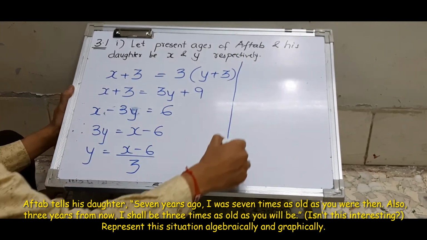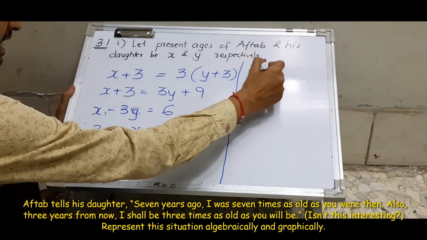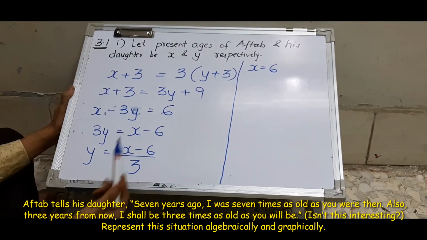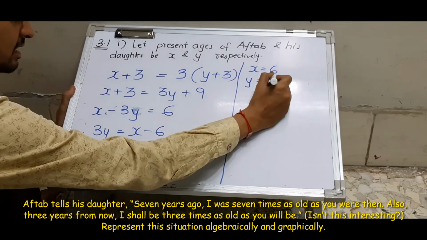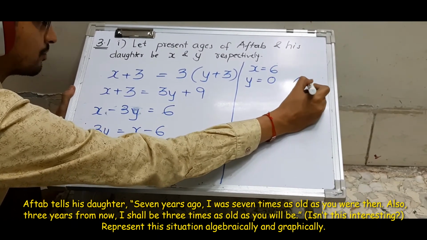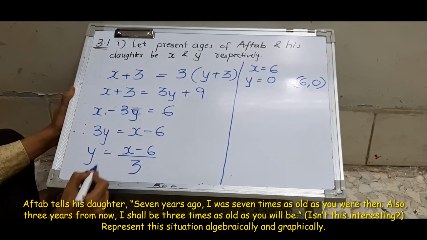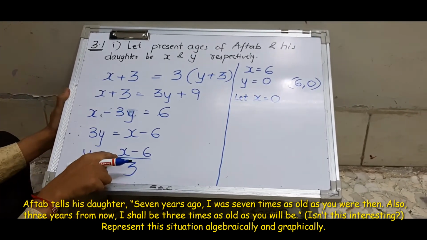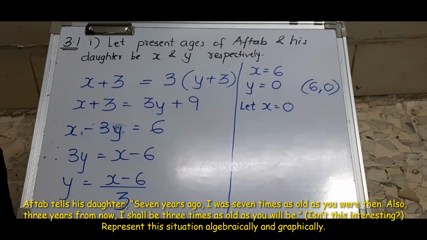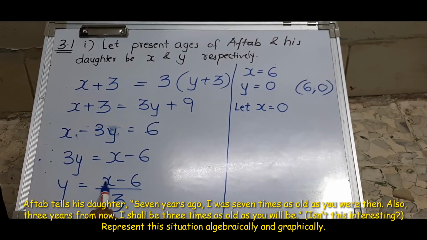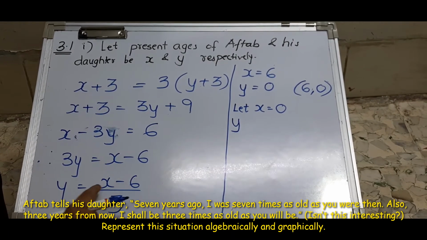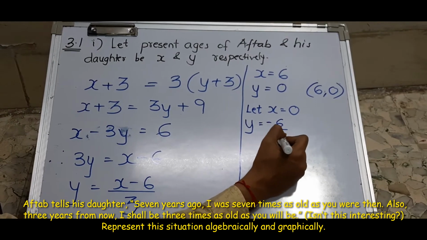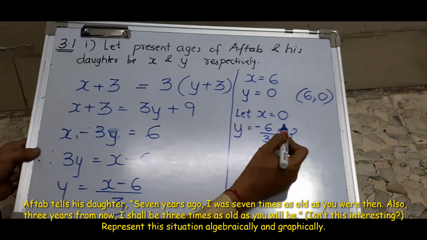Again I assume values of x and y. So if I take x as 6, 6 minus 6 is 0. So I'm getting y as 0. That is, the first point is 6, 0. Now I'll say let x be 0. If I take x as 0, y is 0 minus 6 upon 3, that is minus 2.